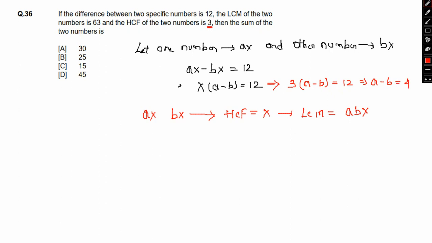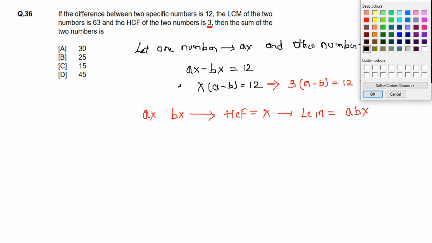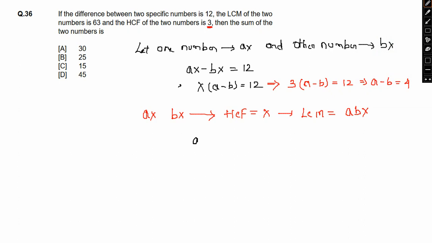Now further it's given the LCM of the two numbers is 63. So if we talk about the LCM, then we can write it this way: abx is 63. So therefore ab would be 63 by 3 or 21.